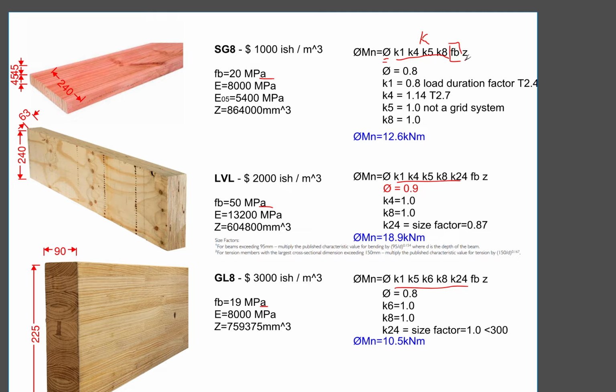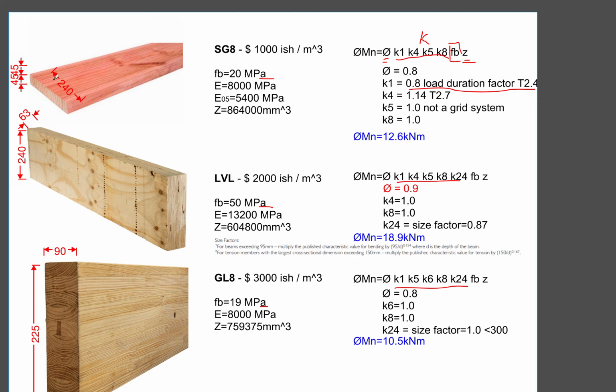Then you will have your section modulus. That will be straightforward: BD cubed over 6. And then your K1 factor, that is the load duration factor. Okay, and then just check those according to the 3603. And the K4 factor depends on how many members you have.